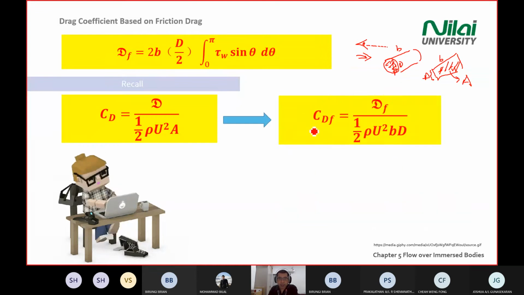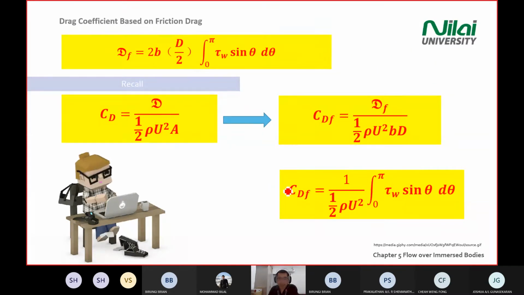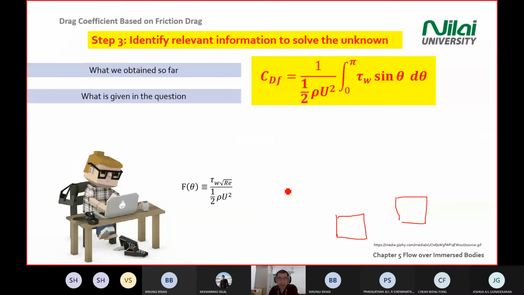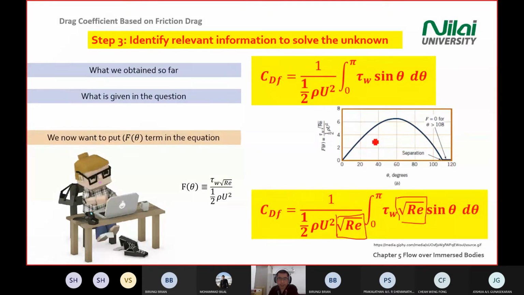Then you use the definition of the drag coefficient, right? Then you compare the result with the graph that we plot from the experiment. All right, we equate the two equations.